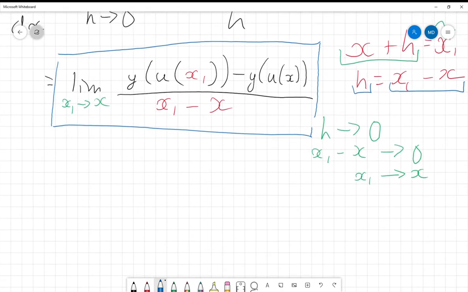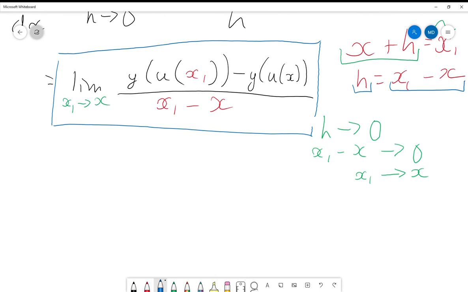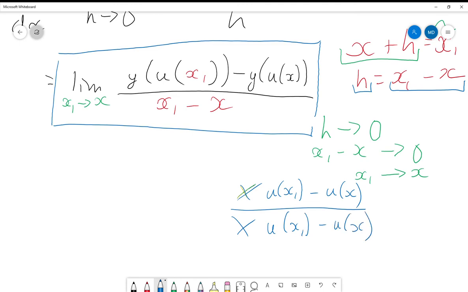Now, what I'm going to do to justify this chain rule is multiply the fraction, just the fraction inside, as we're ignoring the limit at this point, multiplying top and bottom of that fraction by u of x1 minus u of x over u of x1 minus u of x.